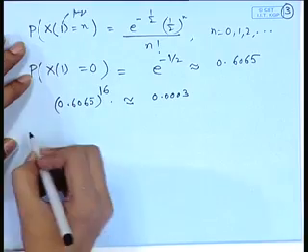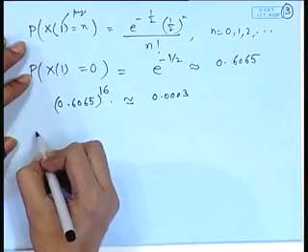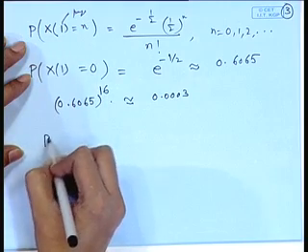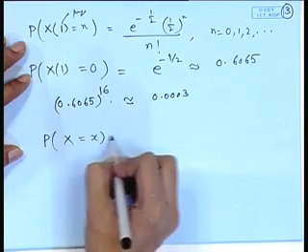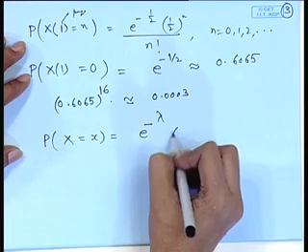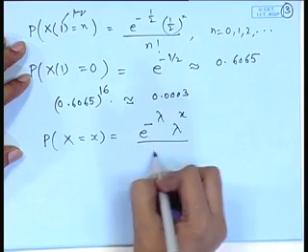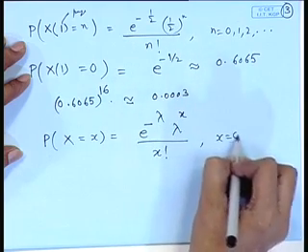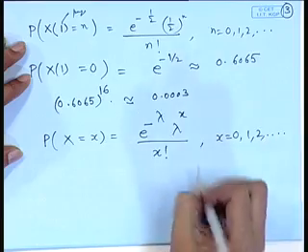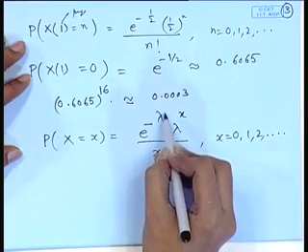Let us look at the characteristics of the Poisson distribution. For convenience we will denote probability X equal to x as e to the power minus lambda, lambda to the power x by x factorial, x is equal to 0, 1, 2 and so on. Here that lambda t we have replaced by lambda, because lambda is the rate of occurrence of the event when the unit of time, area or space is taken as something which is denoted by t.